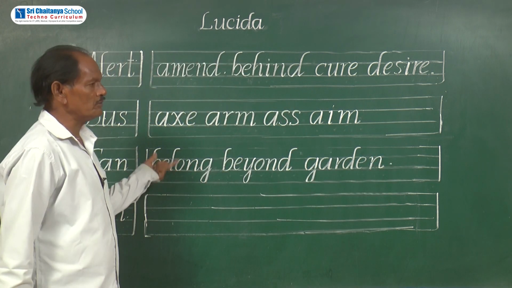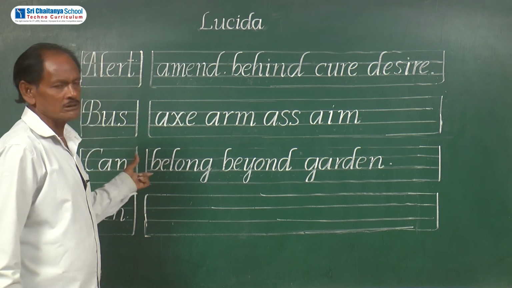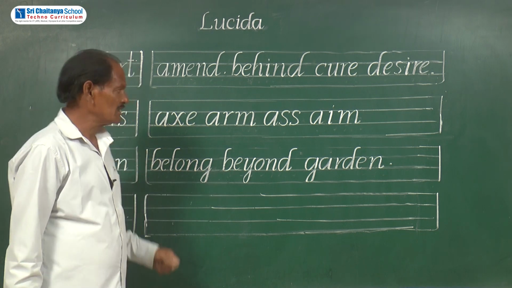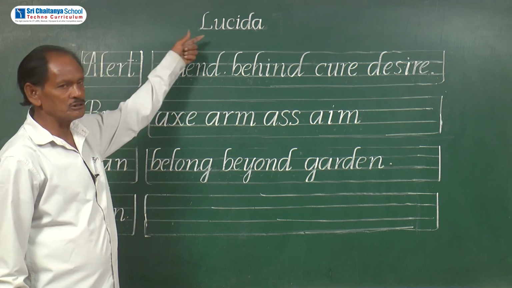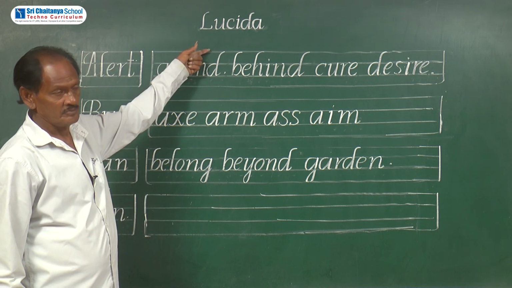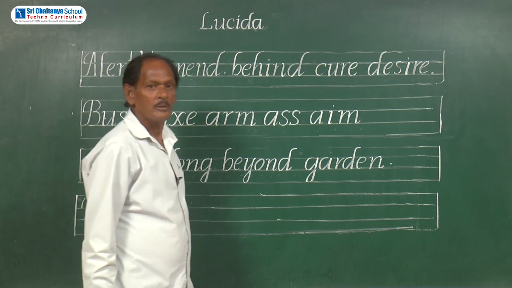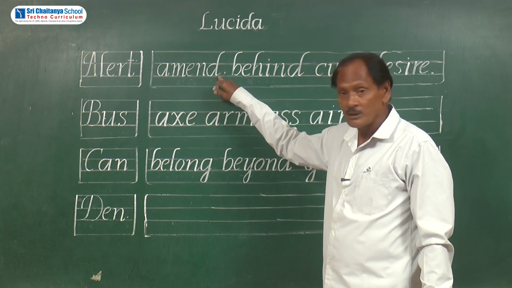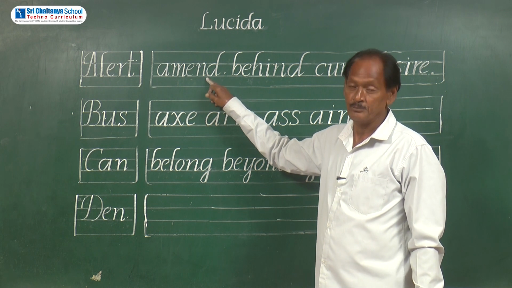These are the words which are written with all the zones: upper, middle and lower. Here only the upper zone letters. Actually we cannot write the upper zone letters without the help of the base zone, the middle zone.